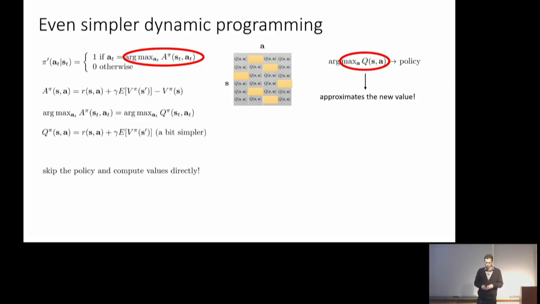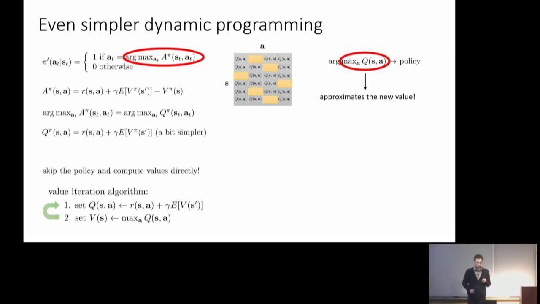So what you can do then is skip the whole policy part and just compute the values directly. You can estimate the Q function like this, and then instead of trying to recover a policy and plug that policy back into the value function, you can just literally take this number and write that back into your value function table. So now you can write this algorithm in 2 steps, but it's actually a 1-step algorithm.